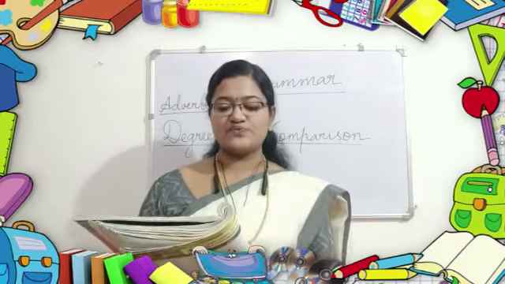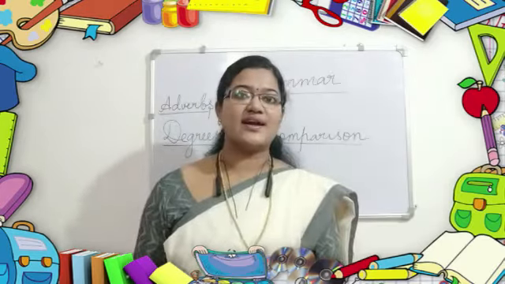Ninth one, Robin has worked hard and should be suitably rewarded. Two adverbs are there. Which are the adverbs? Okay, tell me which are the verbs. First one is worked. Second one is rewarded. These are the verbs. Which are the adverbs? Hard.